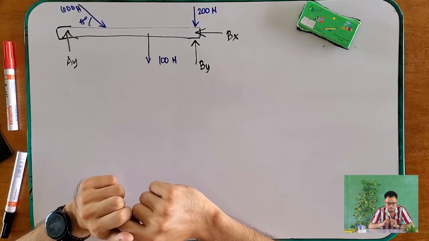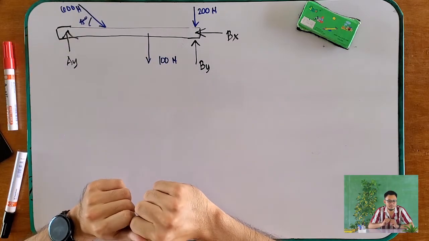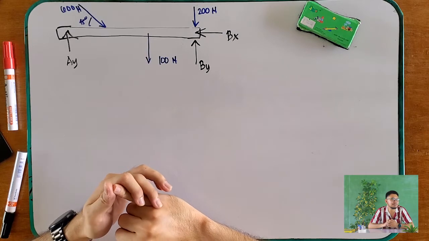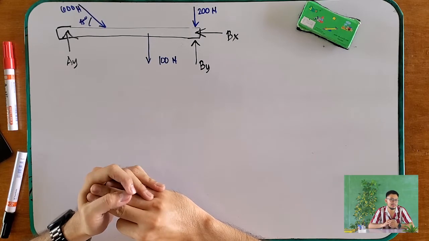Now, which equation should we use first: the summation of forces along X, the summation of forces along Y, or the summation of moments?